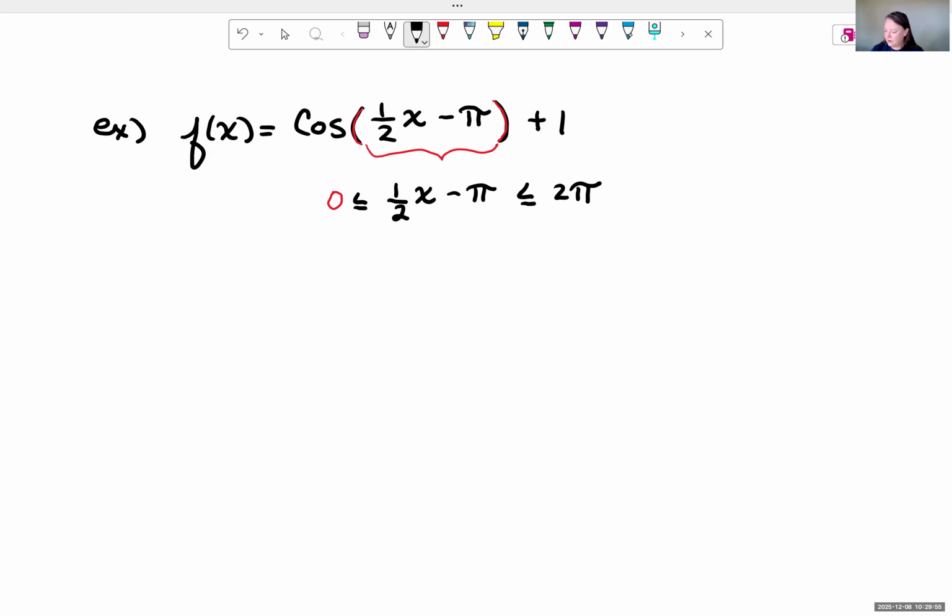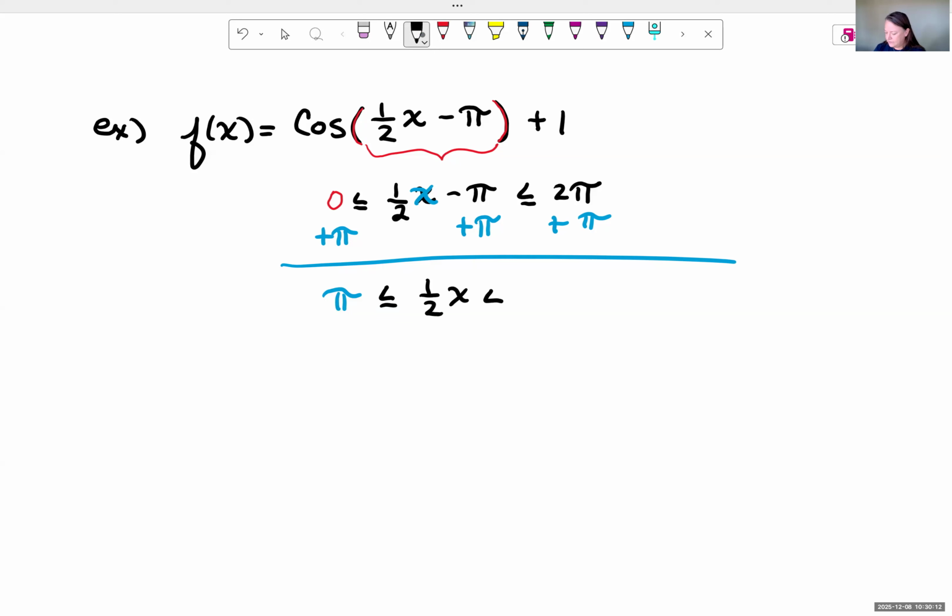So our goal in here is to get this x by itself. So let's add pi to all sides of our equation. So we get pi is less than or equal to 1/2 x is less than or equal to, well, 2 pi plus 1 pi is 3 pi. So now I want to get x by itself.